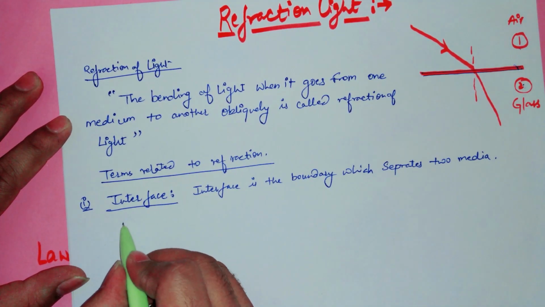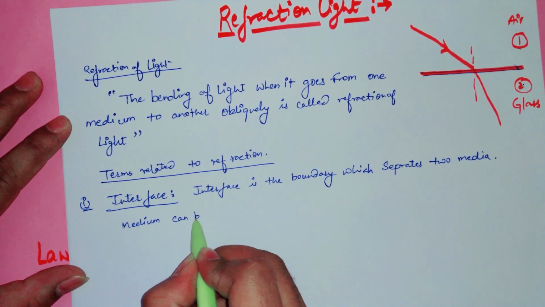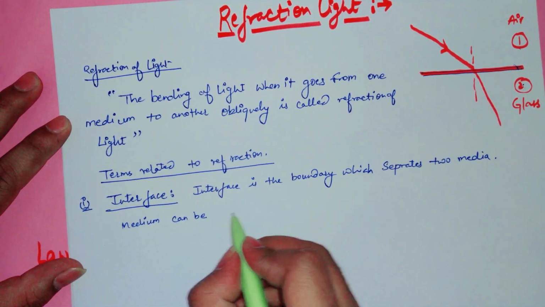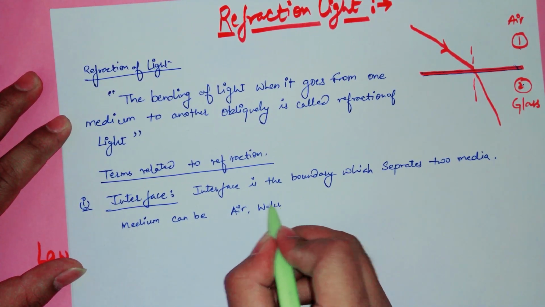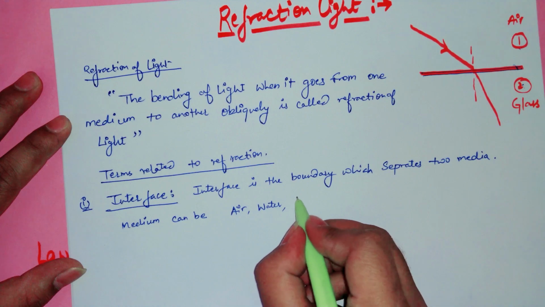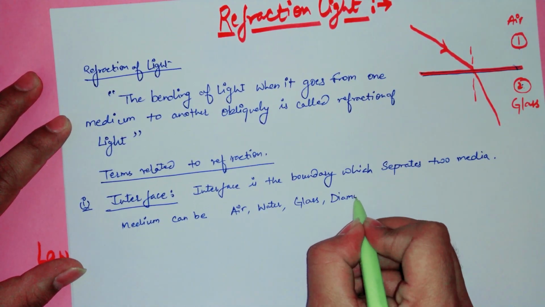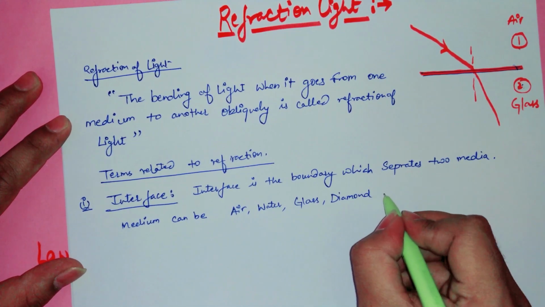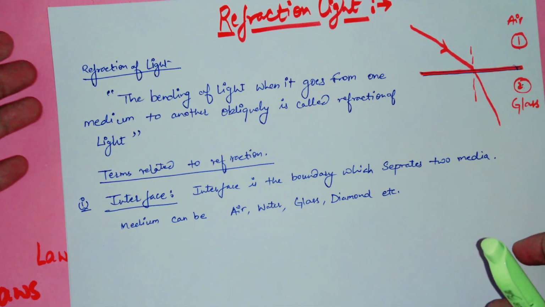So medium can be air, water, glass, diamond, alcohol, etc. We have different types of media.